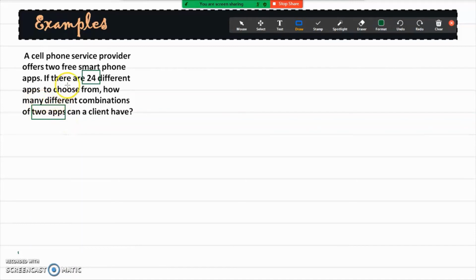Okay, so again, we have 24 different options to choose from, and we are about to choose 2 apps. So meaning to say, applying the fundamental counting principle, we'll make use of 2 circles.